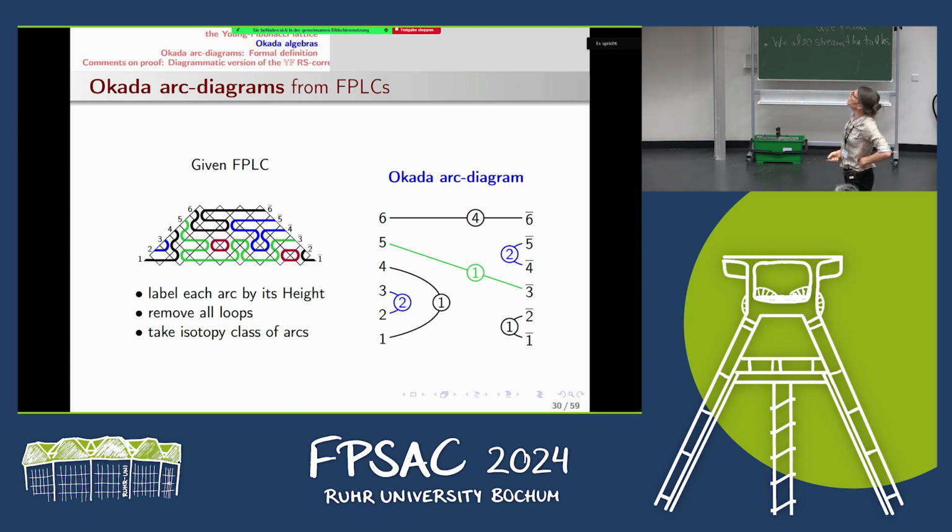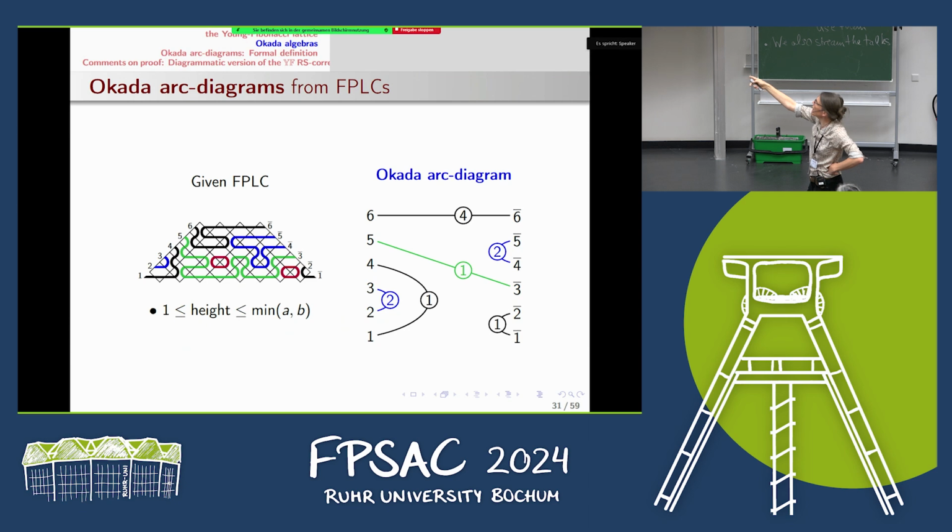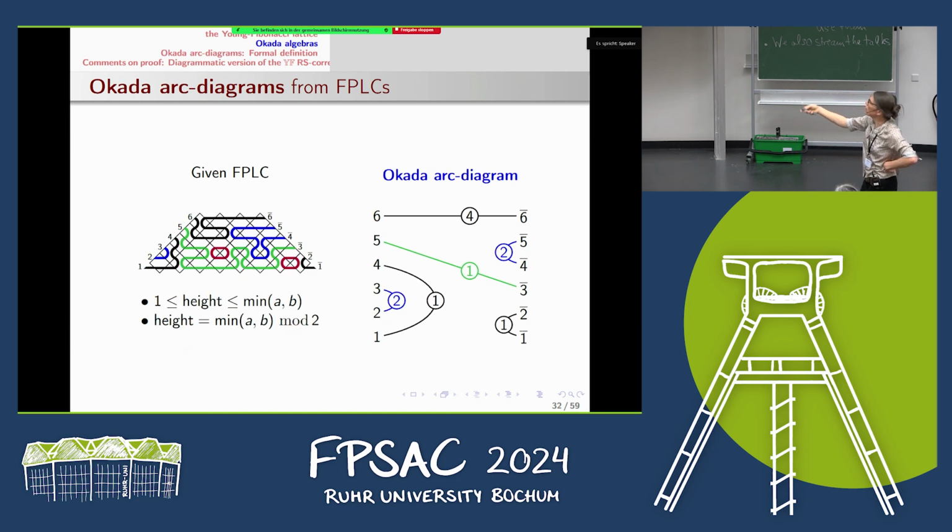Not every labeled Temperley-Lieb diagram is going to come up this way. There are some constraints on these labels. For example, it's clear the height has to be bounded by the min of the endpoints. If we look at the green arc going from 5 to 3, its height can never exceed 3. Actually, in this case it's 1, but we have a bound on the heights of an arc. A little bit of thought reveals that the height actually has to have the same parity as the min of its endpoints.